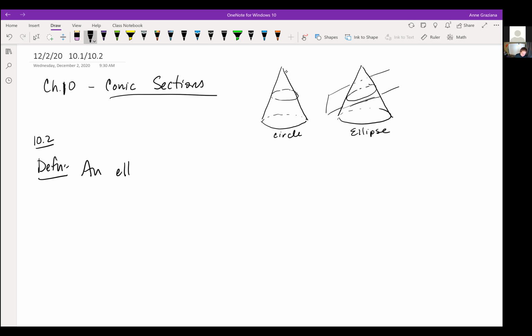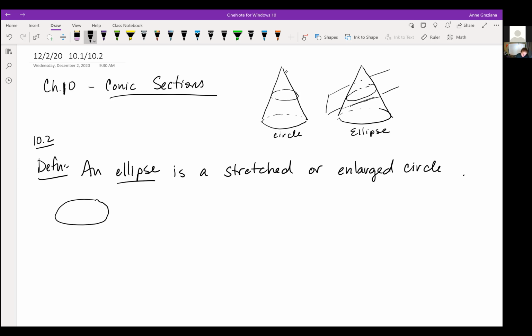An ellipse is a stretched or enlarged circle. Okay, so it looks like typically the pictures that you're going to see, it'll look like this, or they can be horizontal, like stretched horizontally.